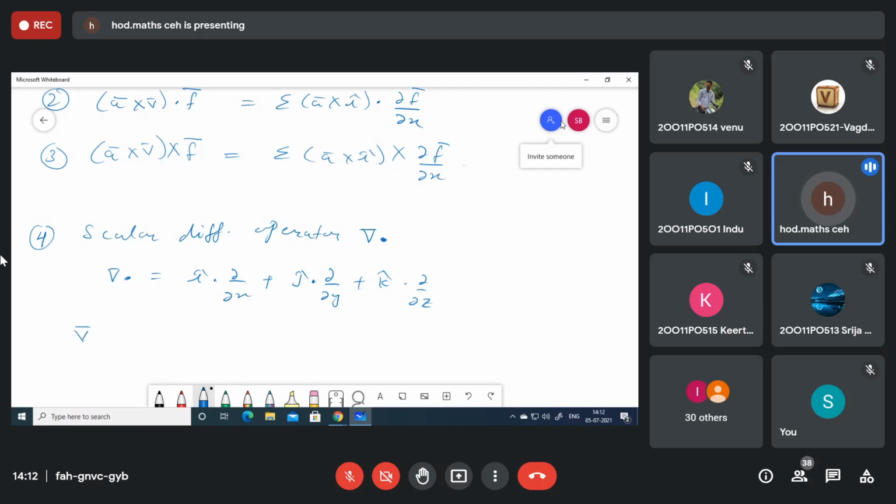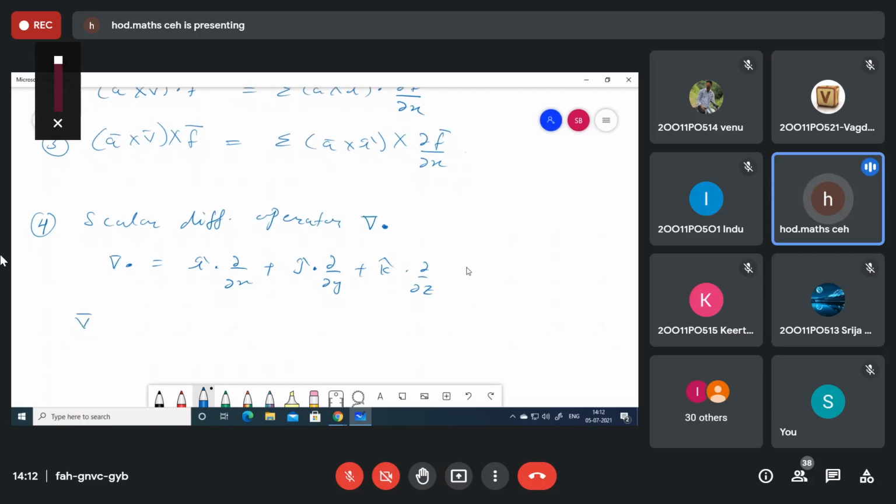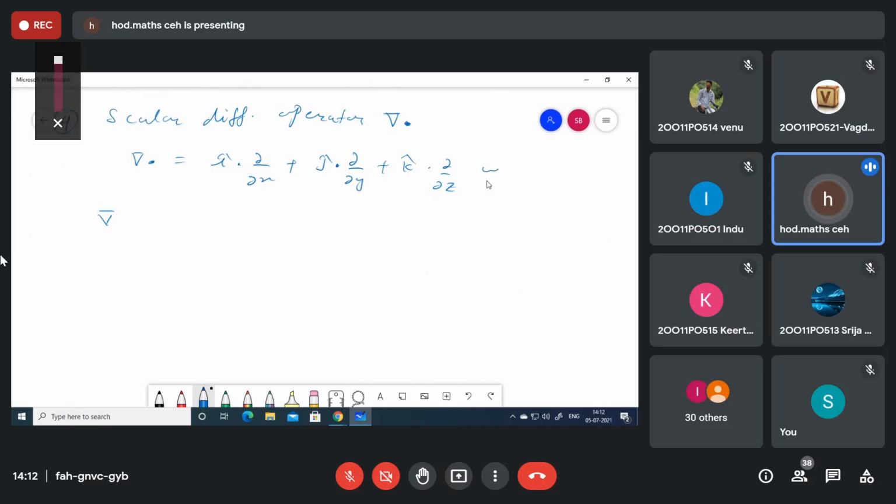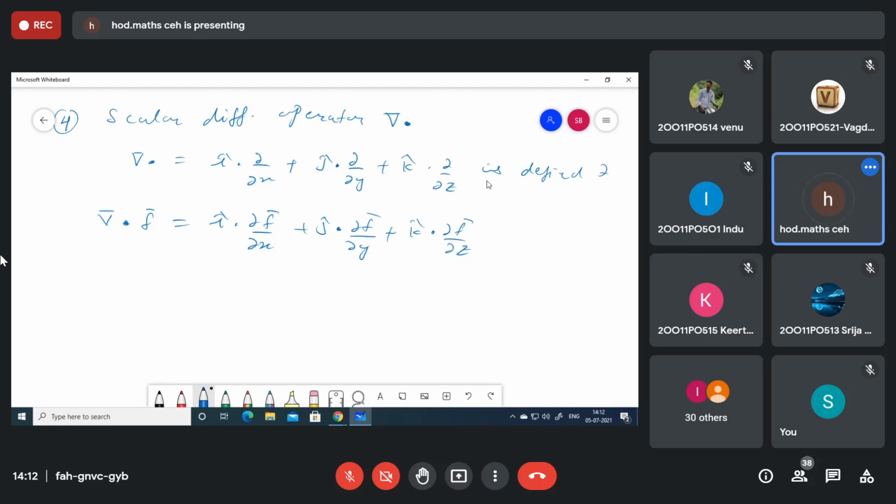So when I write, I can define this as ... plus j cap dot dou f bar by dou y plus k cap dot dou f bar by dou z.